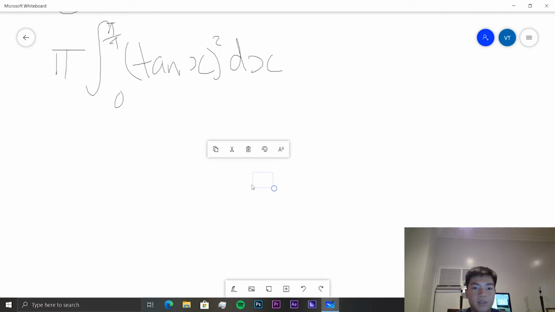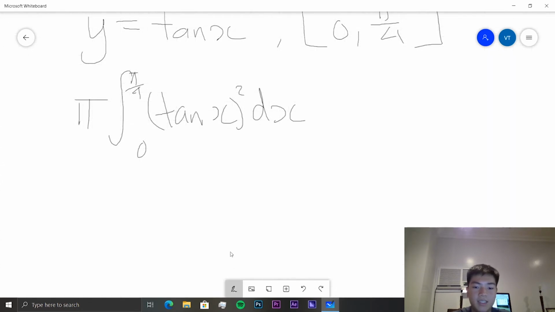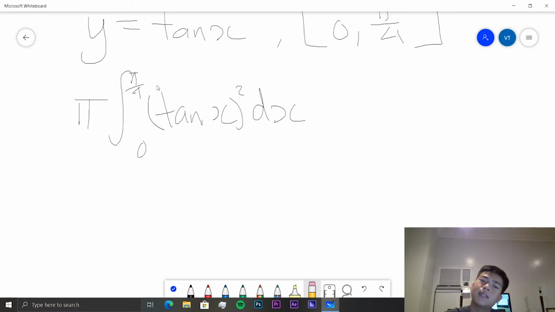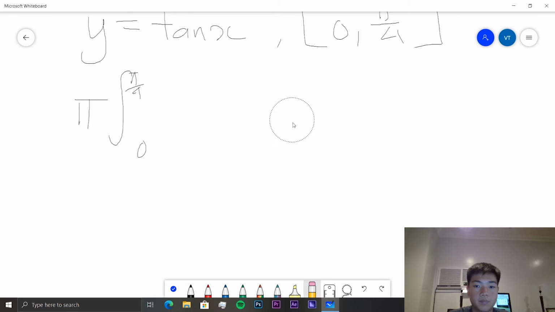So we need to use the identity that tangent squared x is equal to, I believe, secant squared x minus 1. Yeah, it is. Secant squared x is 1 plus tangent squared x, so tangent squared x would be secant squared x minus 1 dx.